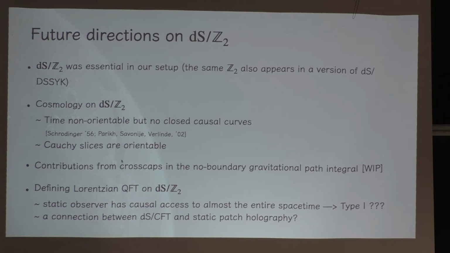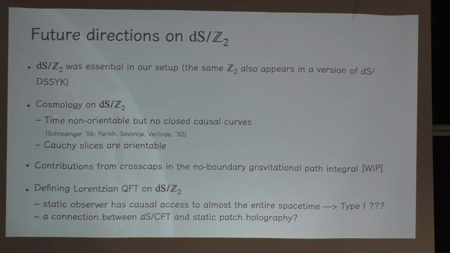And it's also interesting to try to include contributions from crosscaps in the non-boundary gravitational path integral proposal. So that's something I'm working on in progress. It's also interesting to try to define Lorentzian CFT directly on this dS over Z2.